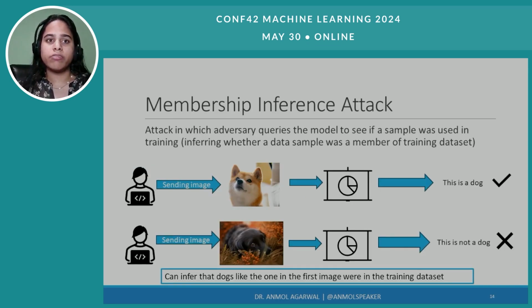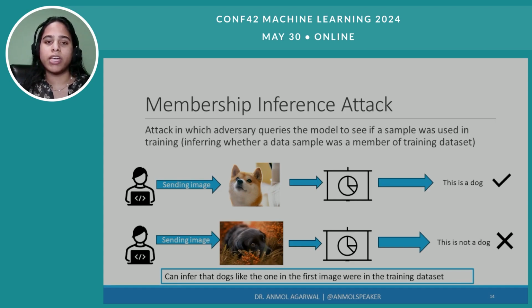And the property inference attack actually leads to something called a membership inference attack. So the membership inference attack is an attack in which an adversary queries the model to see if a sample was used in training. So it's basically inferring what members exist to train the model.